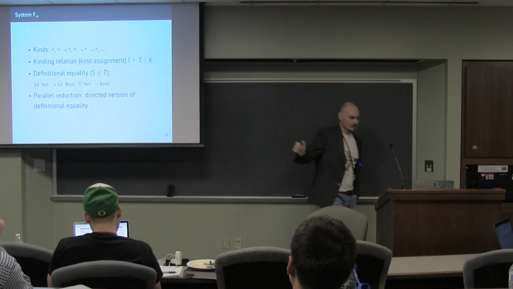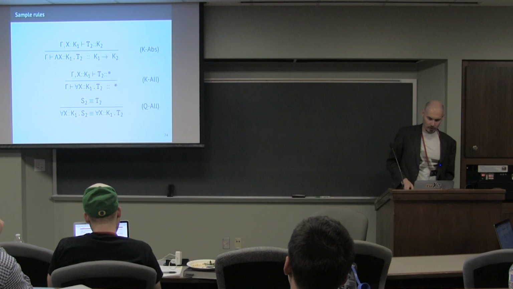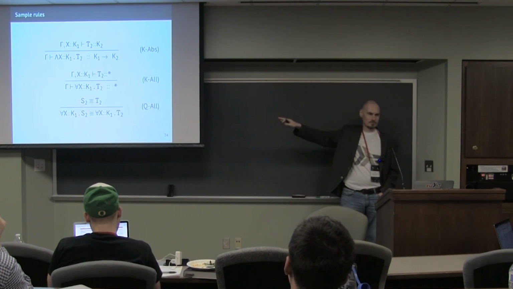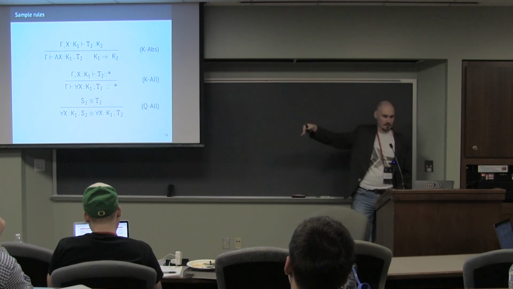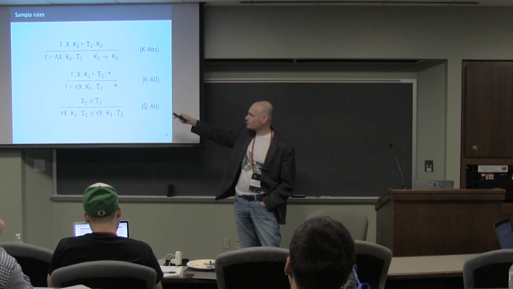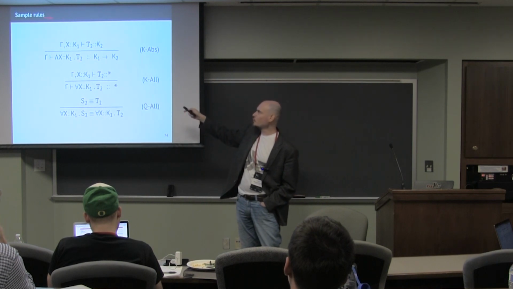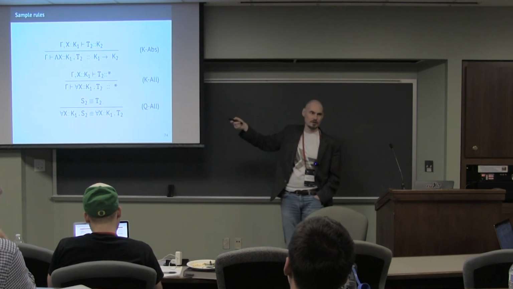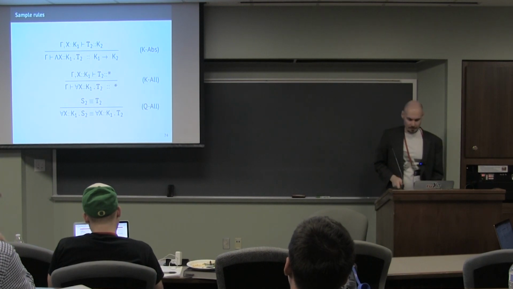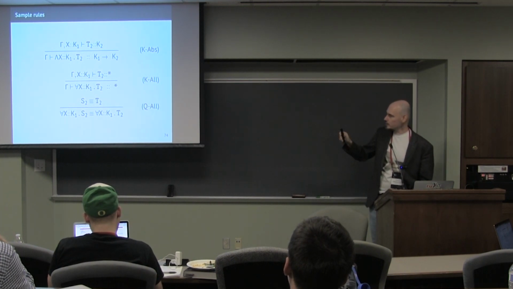So it's actually quite a big system. I don't want to talk a lot about it. We have many rules, because we have many notions here. These are rules for computing kinds, like for big lambdas. All of them look like the corresponding typing rules, but these are kinding rules. Some rules for equalities and something like that.